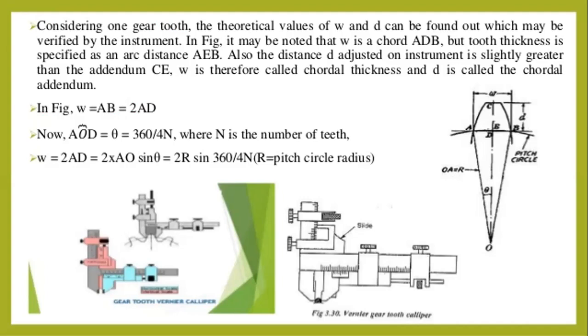So in the figure you can check that. It may be noted that W is a chord, that is ADB. So here you can see the ADB position. This is the chord of the thickness of the tooth.